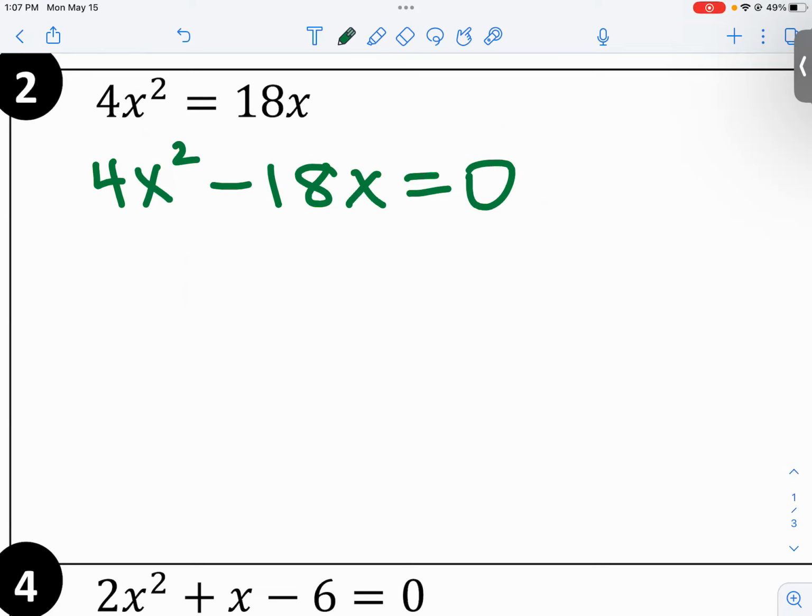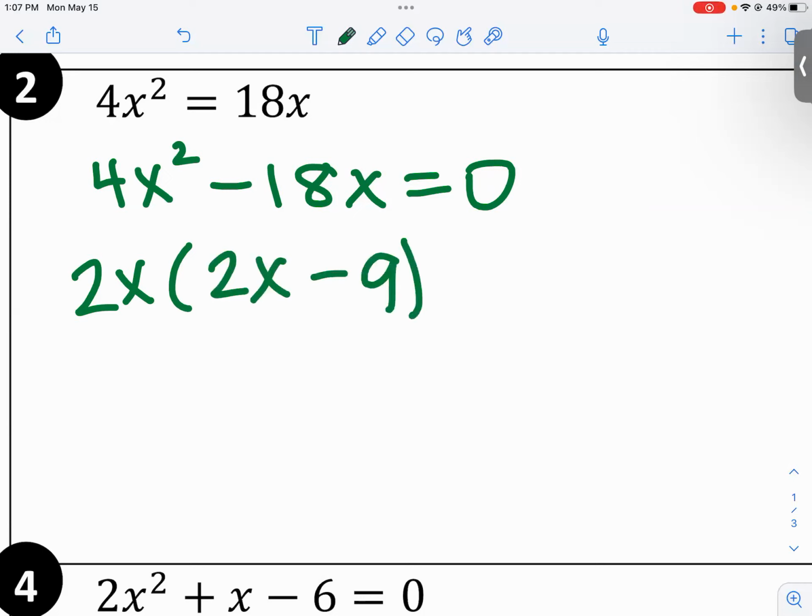When something looks like this, there's 2 terms, and both of them have a GCF. What is the GCF? 2x. So now we're left with 2x minus 9.